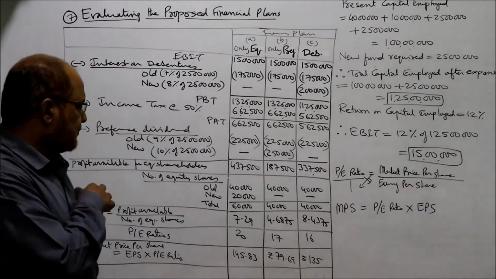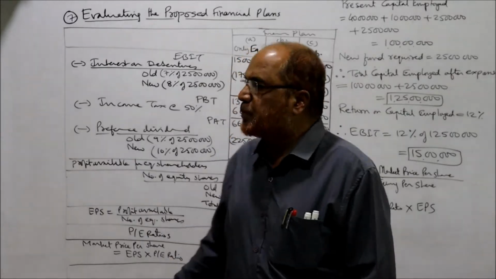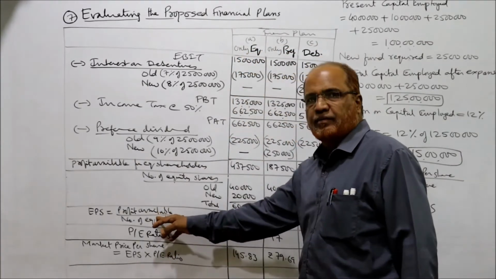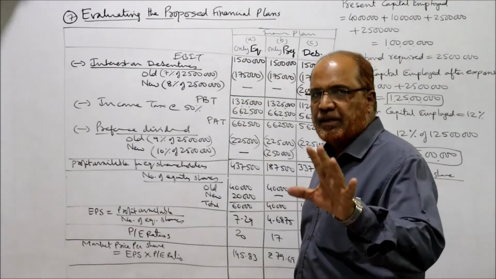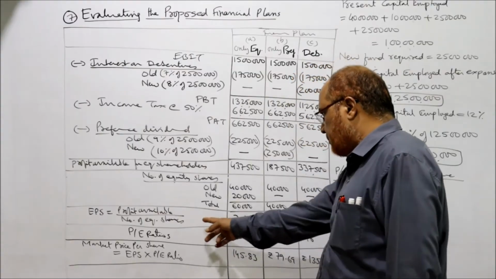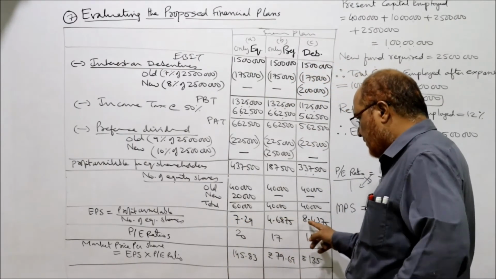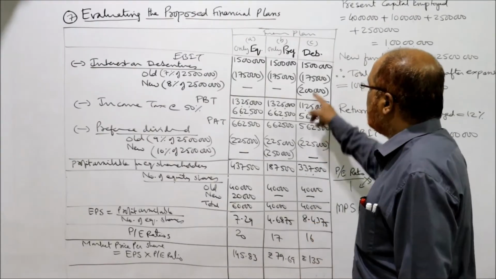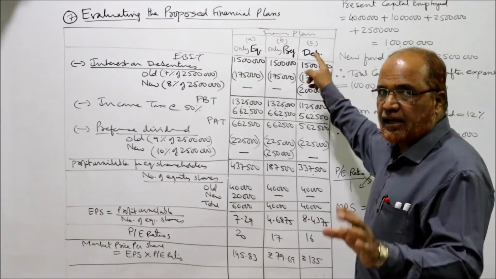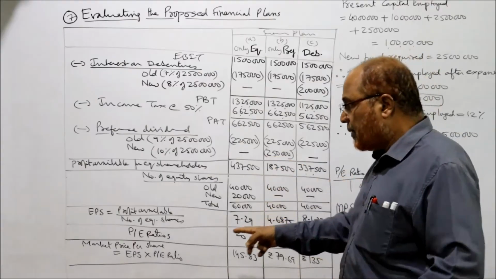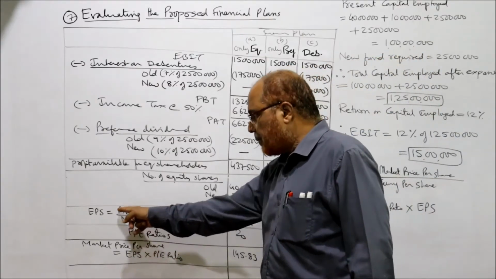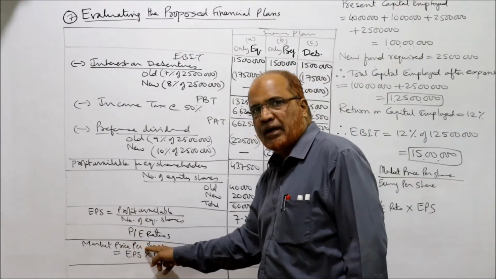See the new point here. In the previous problem we took the decision on the basis of EPS. If in this problem also we decide on EPS, with 7.29, 4.6875 and 8.4375, comparatively this plan is better. Which plan? Debentures. But in this problem the PE ratio is given, so we multiply EPS into PE ratio to get the market price.